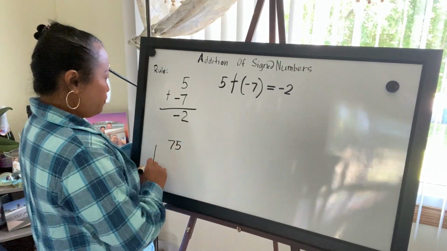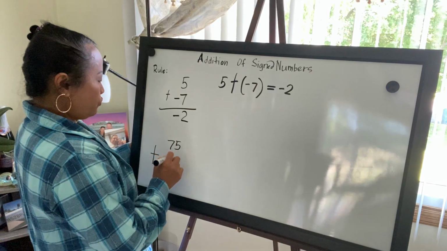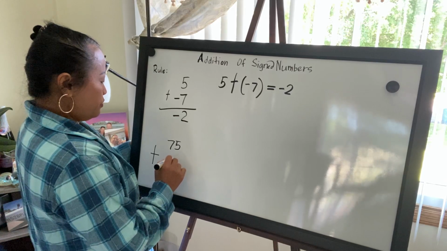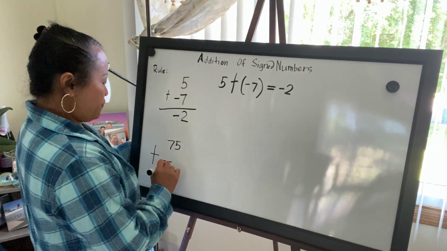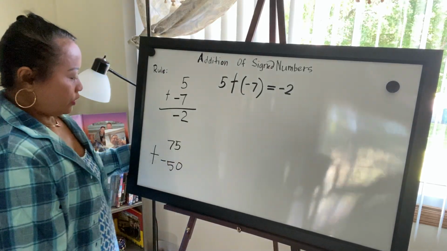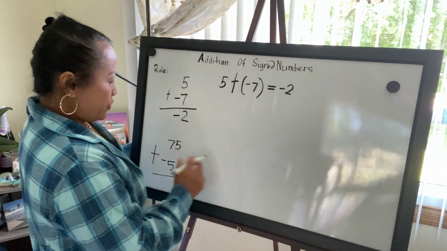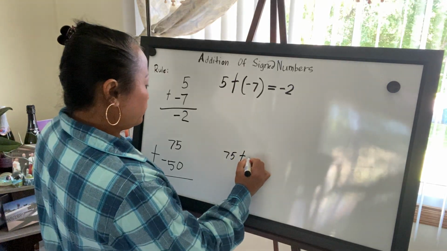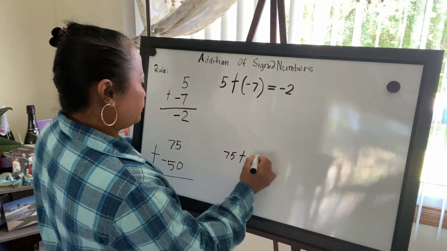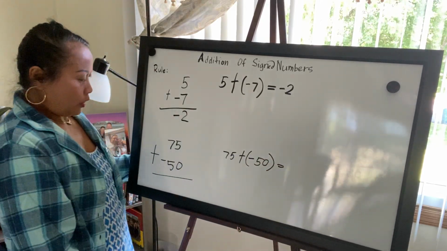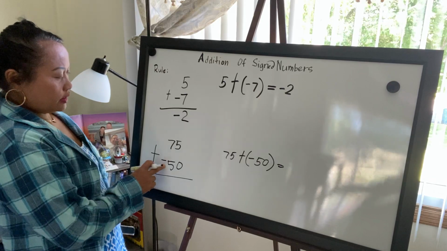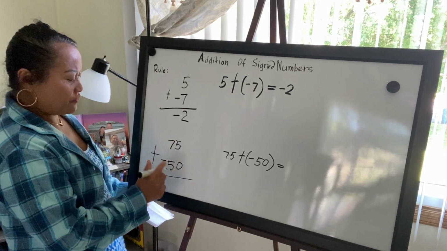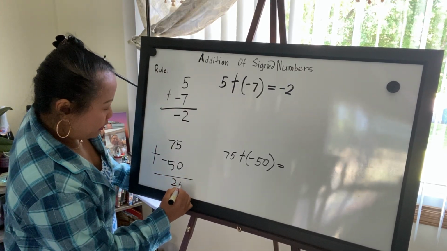So another example. 75 plus negative 50. Okay, this can also be written as 75 plus negative 50. Since they have a different sign, we will subtract. 75 minus 50 equals 25.